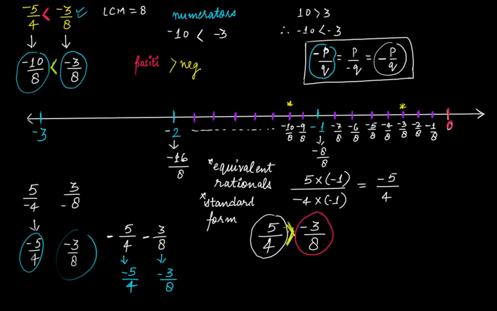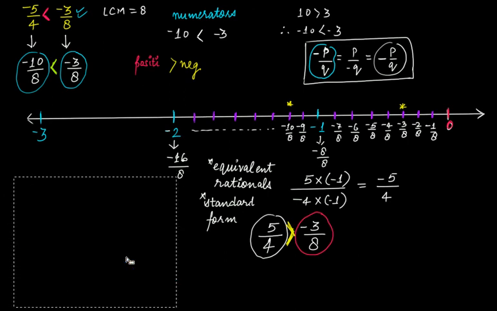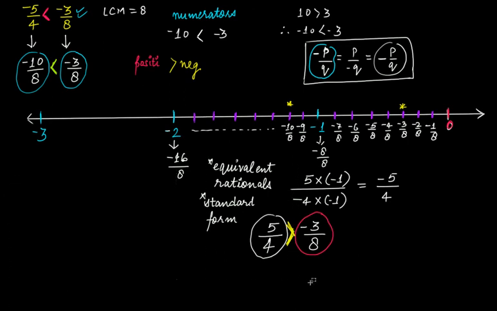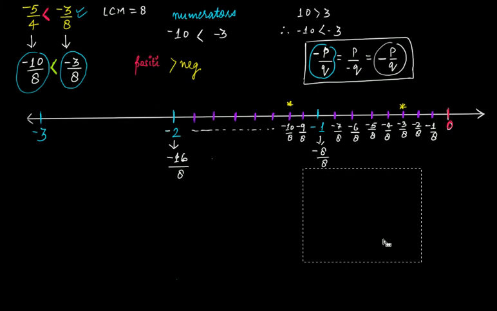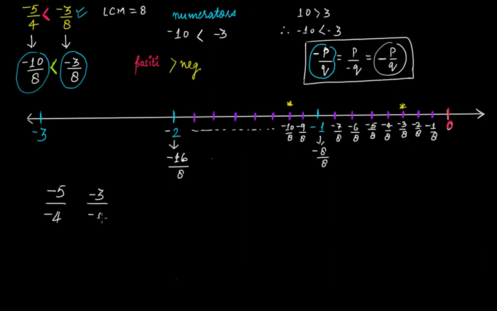Okay. What if your number is minus 5 over minus 4 and minus 3 over minus 8?